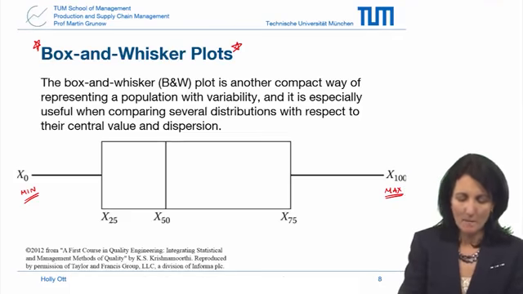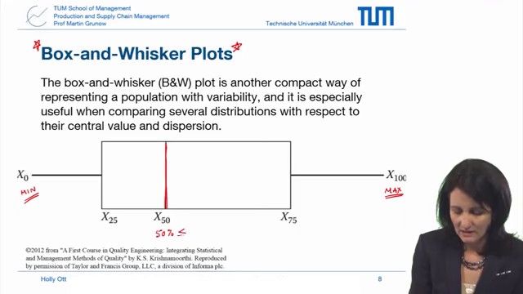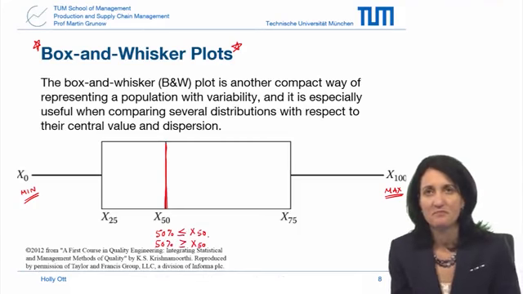It gives the median, which is the x50, which means that 50% of our data are less than or equal to x50, and 50% of our data are greater than or equal to x50.